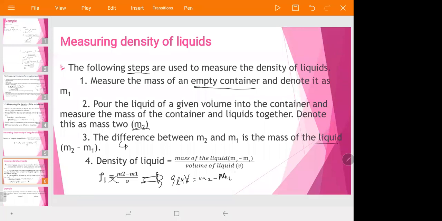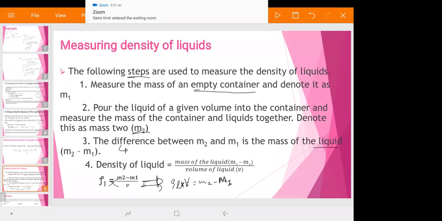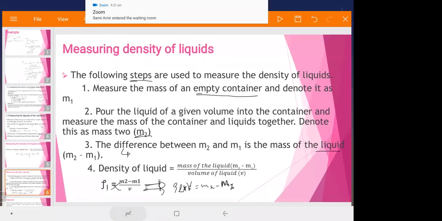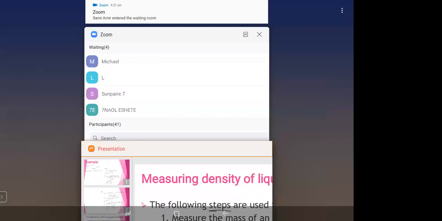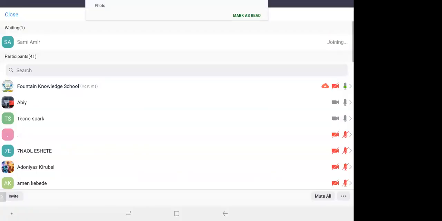By applying this, you can find the volume of liquid from this equation. Everywhere in physics, and maybe in mathematics, if one equation is given, you must know how you can find another equation from it.